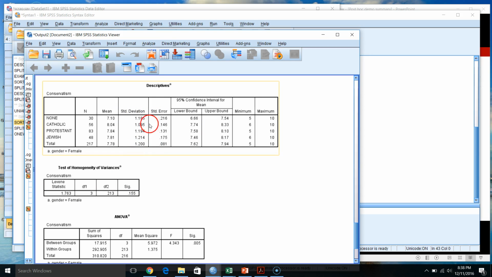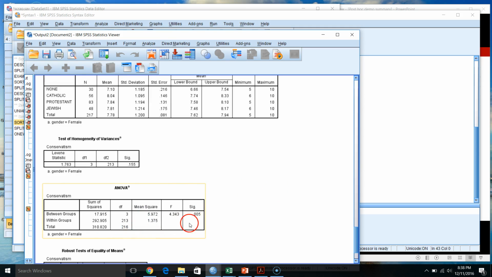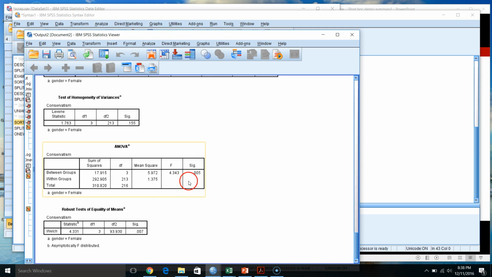So we're saying the variability in conservatism across our women is all relatively similar. And then we go down and see that yes, in fact, we do have a significant omnibus test, suggesting that the level of conservatism differs in at least one of these religious groups.